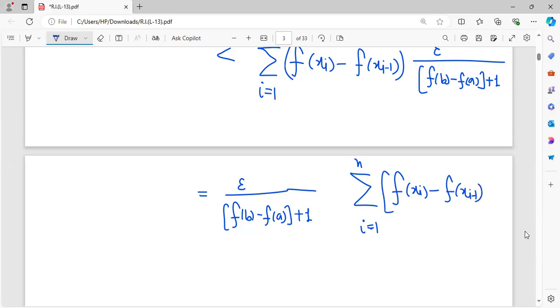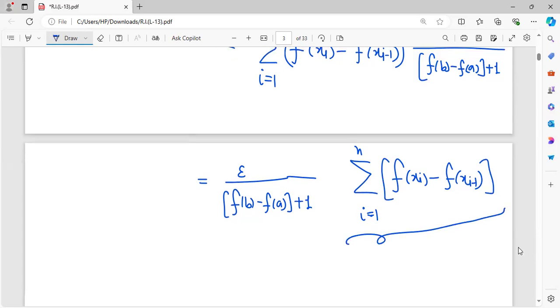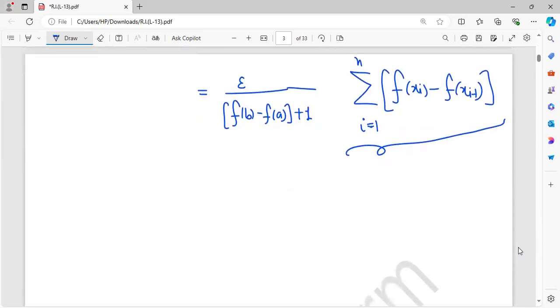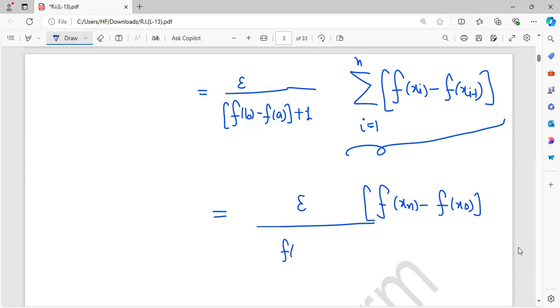Okay. So tell me, after solving it, what will you get? This will be f(xn) minus f(x0). And you write this one, epsilon upon f(b) minus f(a) plus 1.